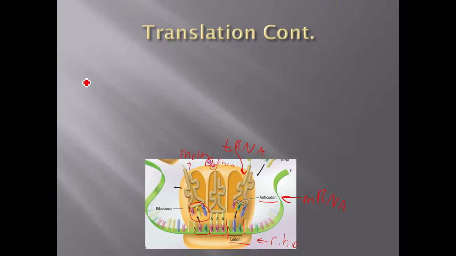So basically what happens is that a tRNA molecule is going to bring in an amino acid that's going to attach to another amino acid, and eventually you're going to create one big protein chain full of amino acids that are attached together, making a protein.